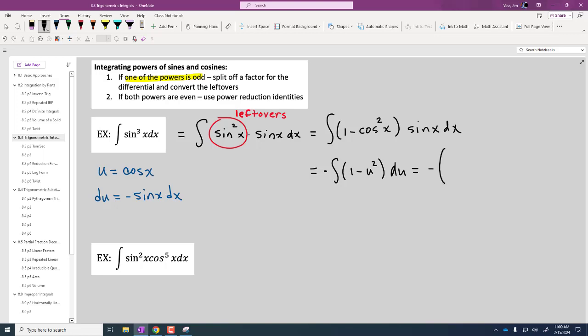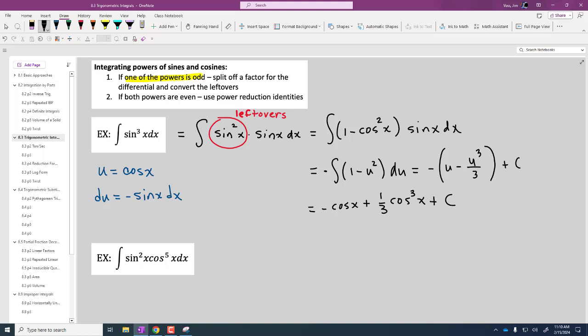Then we can integrate. And then we distribute the minus and back substitute. So we're going to end up with minus cosine of x plus 1/3 cosine cubed of x plus C.